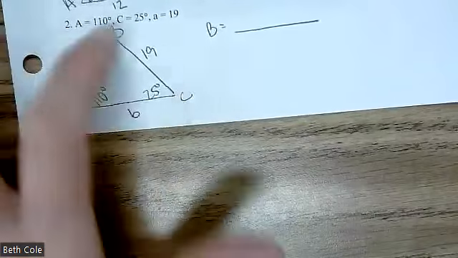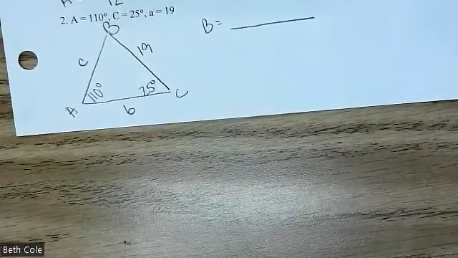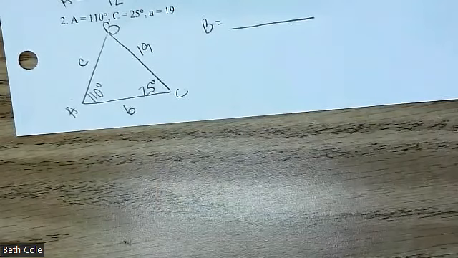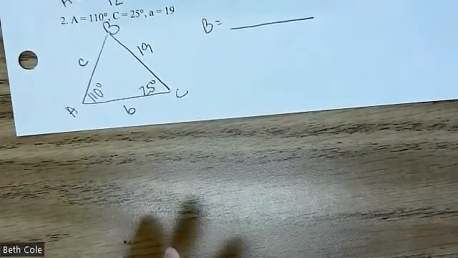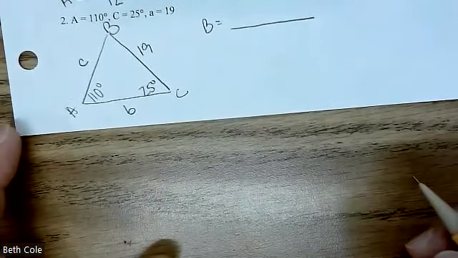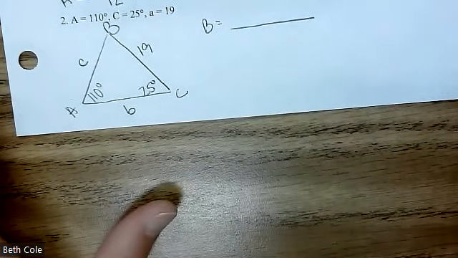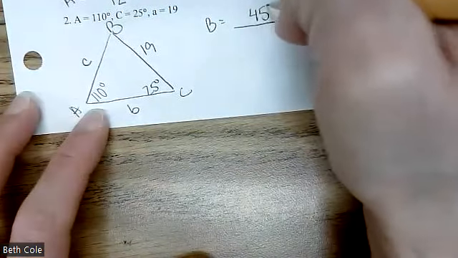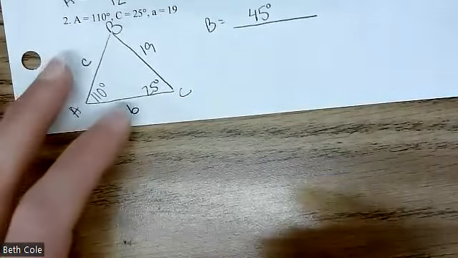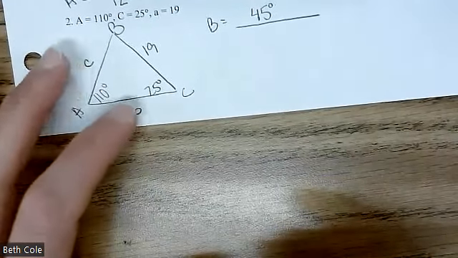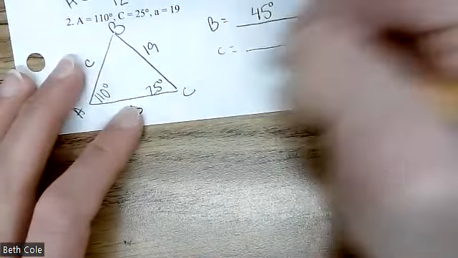Find angle B. These should all add up to 180. So do 180 minus the other two. What do you get for B? Yeah, 45. So which one of these is smaller? Yeah, C is the smaller one and then B.